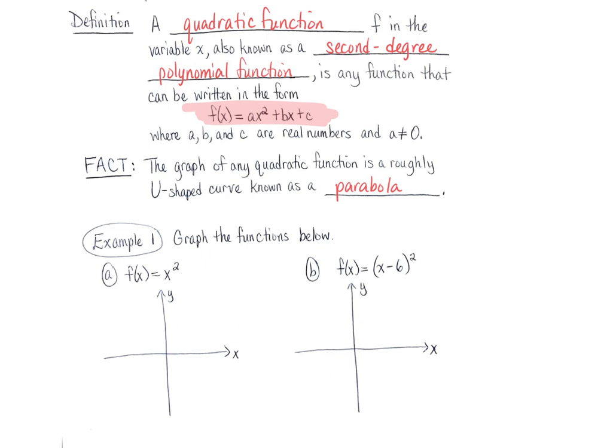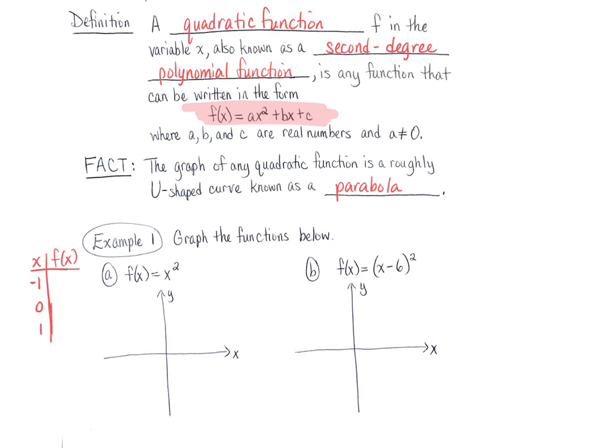One way you can graph them, if you need to remember how to do that roughly, is to do your XY chart, but remember y and f of x are the same. So you can take values of x. We can take, say, -1, 0, and 1. If you want to find the corresponding f of x value, that means you need to take -1, substitute it in, take 0, substitute it in, and substitute 1 in to see what you get.